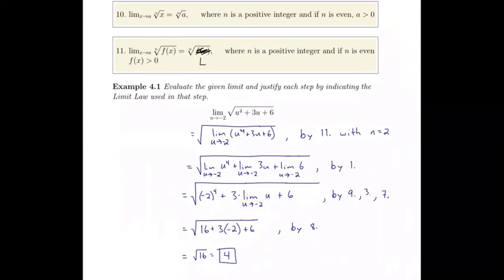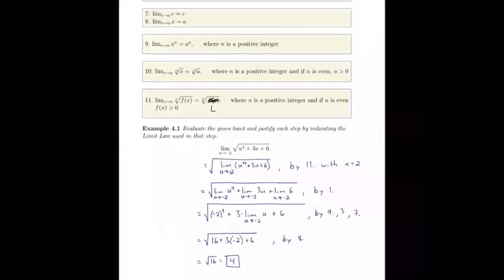We have 16 minus 6 plus 6, we end up with the square root of 16, and that comes out to 4. So all along the way, I'm able to identify each step that I use, each limit law that I employ to simplify my expression until I get to the very bottom and have evaluated all the limits. So this is evaluating the limit, right? Turning this limit expression into a value.